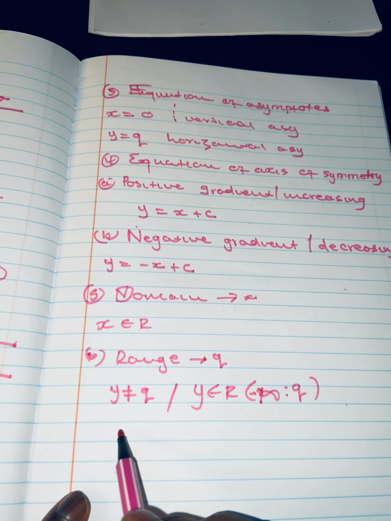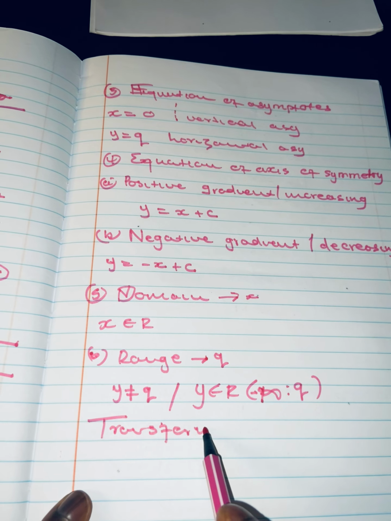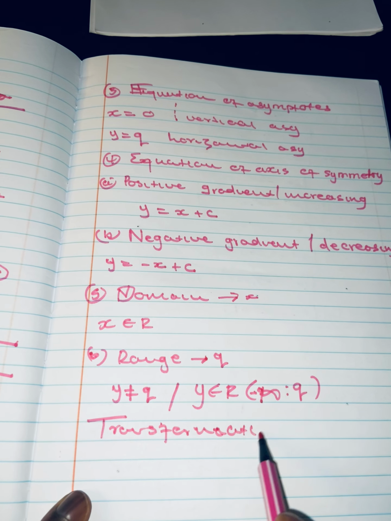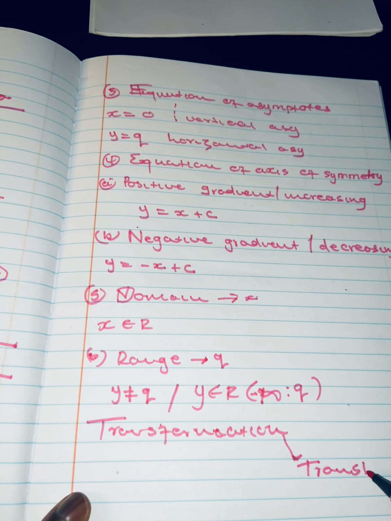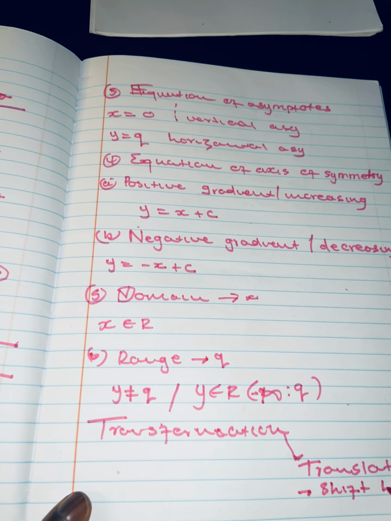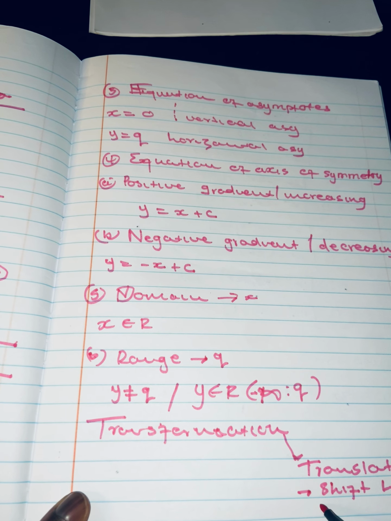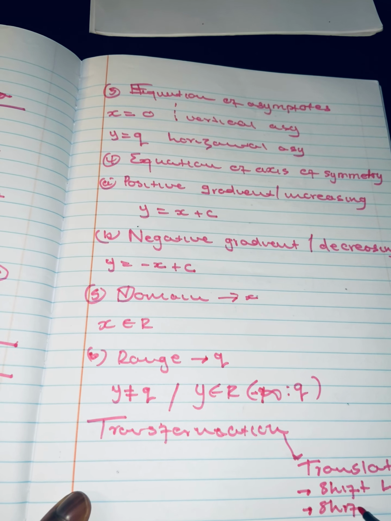Okay, so I know sometimes they might even ask you about the transformation. It is very important to understand the transformation, guys. Transformation is divided into 2 parts. We have translation. Under translation, it's either going to shift left, which is positive, or shift right.